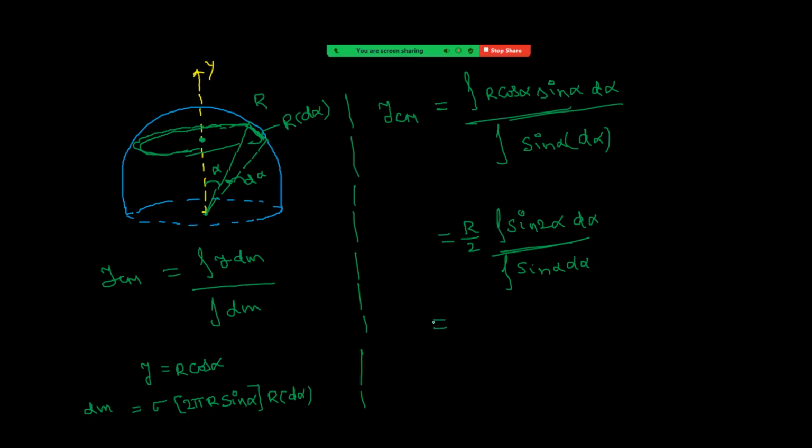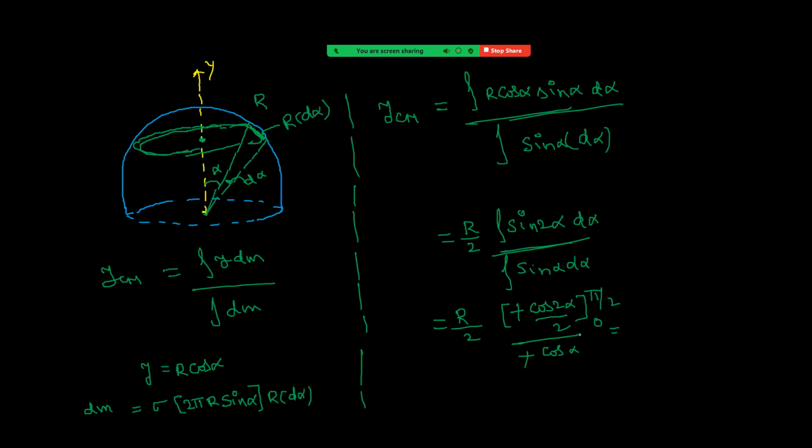Okay. Now you can see the remaining calculation part. R by 2, integration of sin 2 alpha d alpha. It becomes minus cos 2 alpha by 2 upon minus cos alpha. Anyhow, minus gets cancelled.